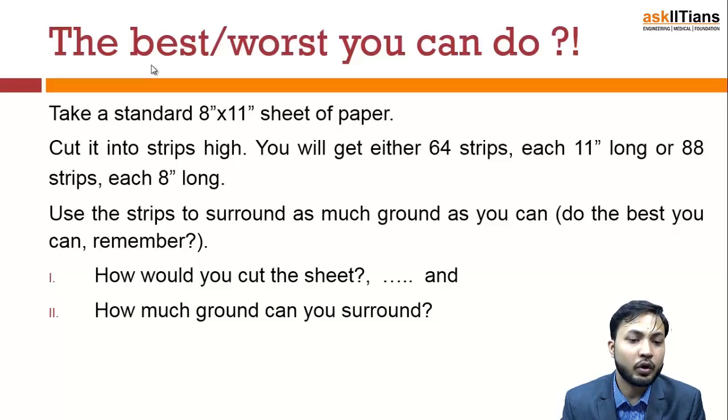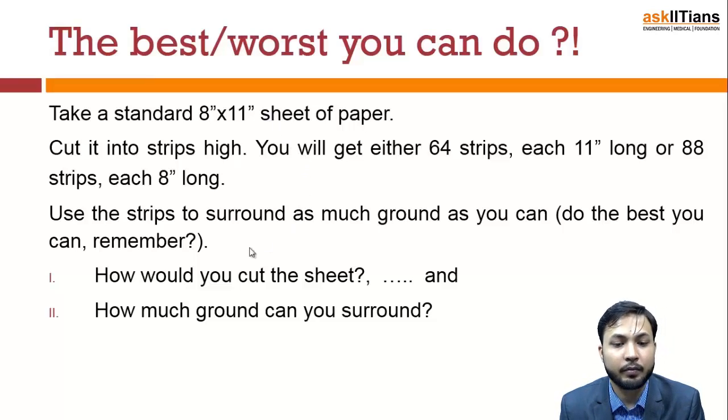Now look at the 2 questions that we have jotted down here. How would you cut the sheet? But before you understand that, you need to know in which case you cover the maximum area. Now you can use your best imagination. This is just for imagination, you don't have to calculate anything. You just have to imagine covering the maximum area using the strips.